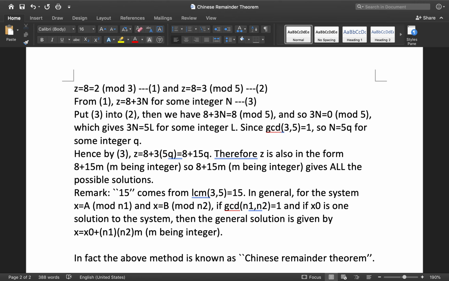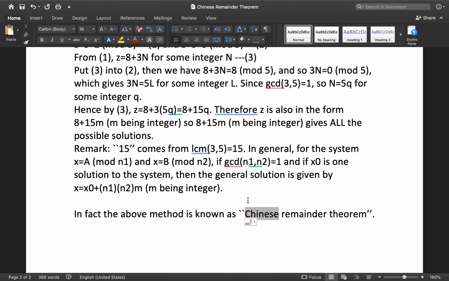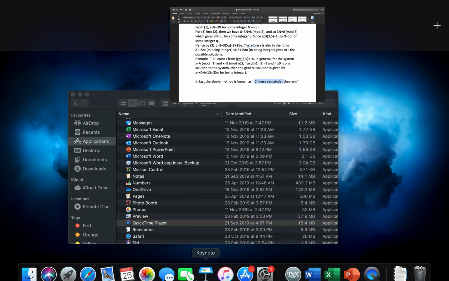In particular, it is about solving systems of linear congruence equations. From those ancient Chinese books, we can find the method, so we give the credit to the ancient Chinese. That's why it's called the Chinese remainder theorem.